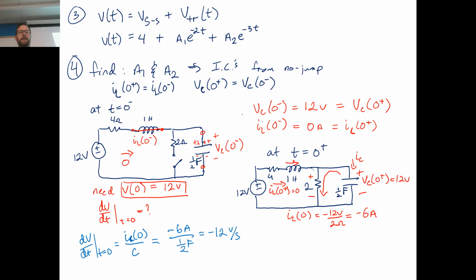So V of 0, if we put that in, is 4 plus A1 e to the s1 t. When t is 0, you just get the A1, right? Anything raised to the 0 is just 1. So we get 4 plus A1 plus A2 is equal to, well, V of 0, as we found on the last slide, is 12 volts.